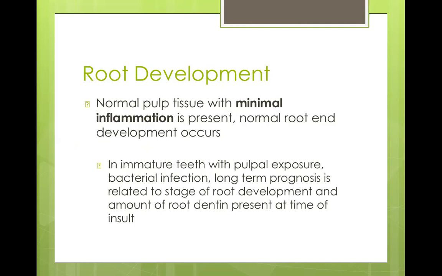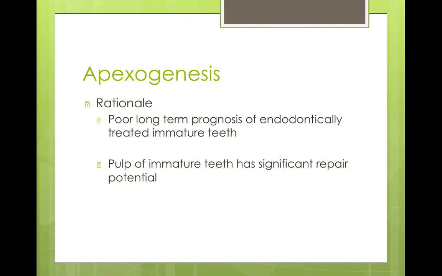In immature teeth with pulp exposure and bacterial infection, long-term prognosis is related to the stage of root development and the amount of root dentin present at the time of insult. So the rationale for apexogenesis is that there is a poor long-term prognosis of endodontically treated immature teeth.